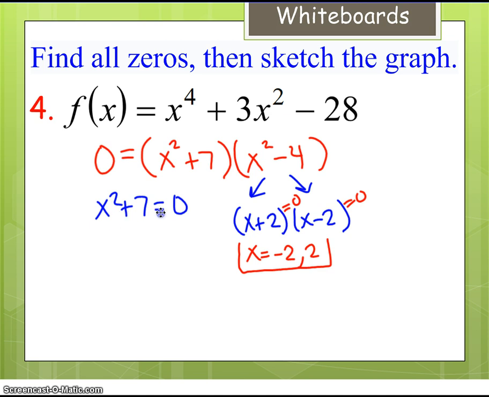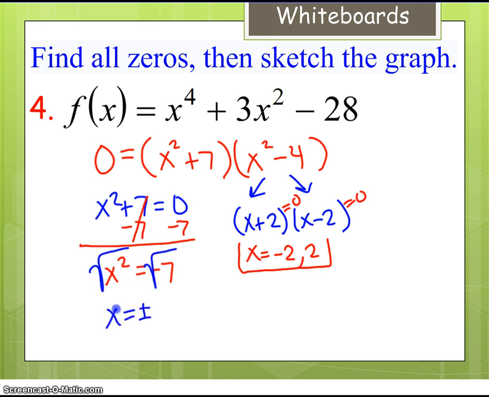But x squared plus 7, you will have to subtract 7 from both sides and get x squared equals negative 7. And then how do I get rid of the square? You take the square root. Don't forget to put plus or minus always when you take the square root. Now that negative inside the square root, it comes out as an i.